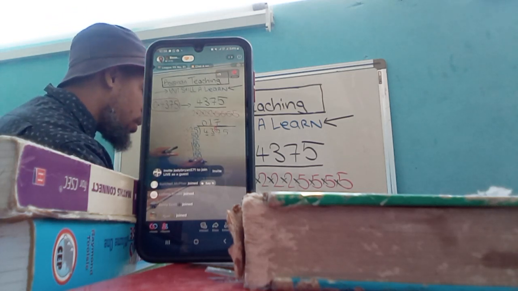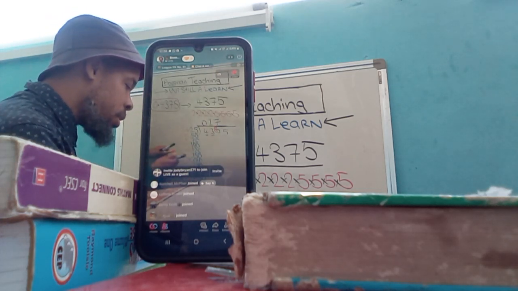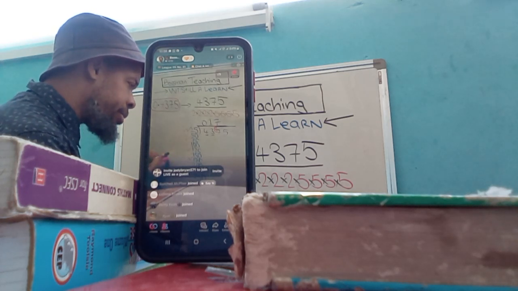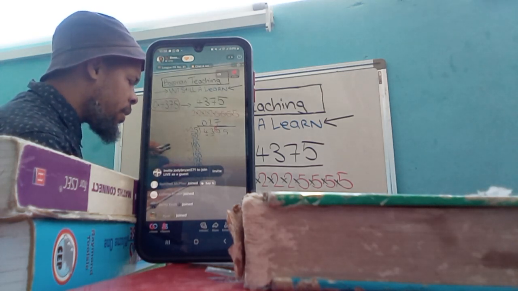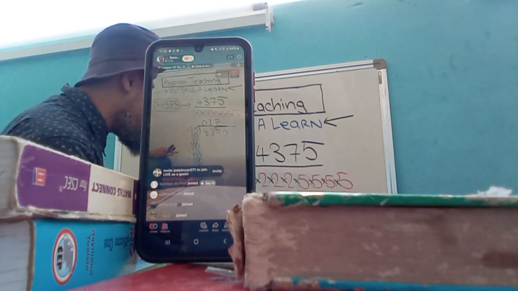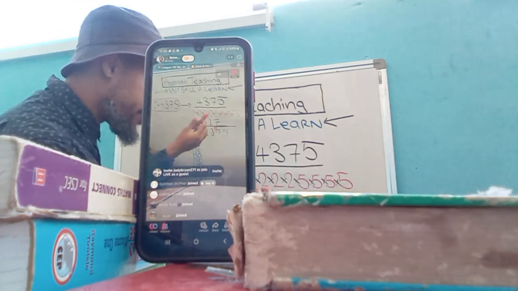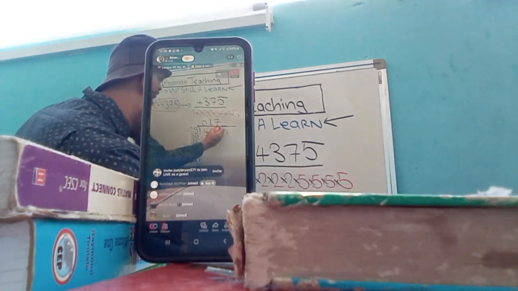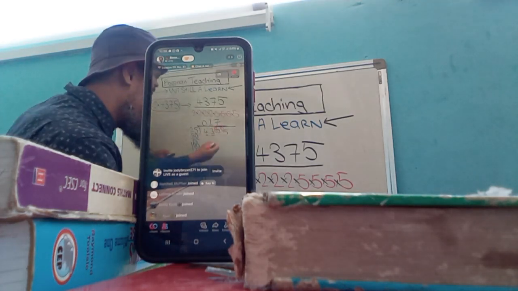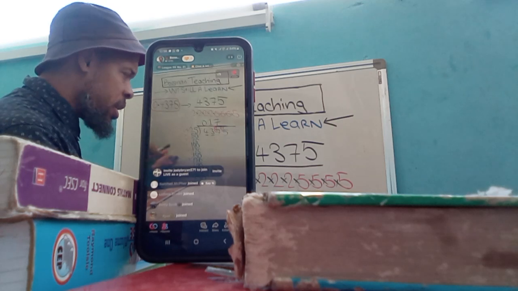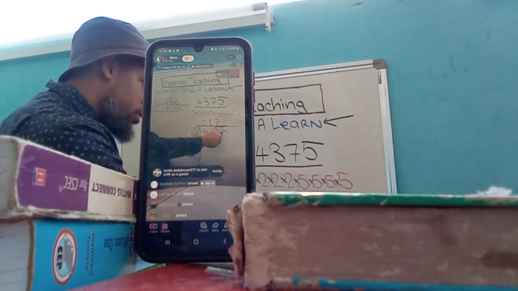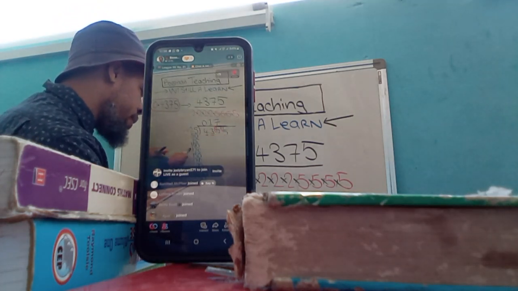Now what do we add to 175 to get 187? 5 plus 175 is 185, plus 7, 12. So we'll put 12 right here. Yeah, 25 is the safe way of it. So there we go. 125 is right here.